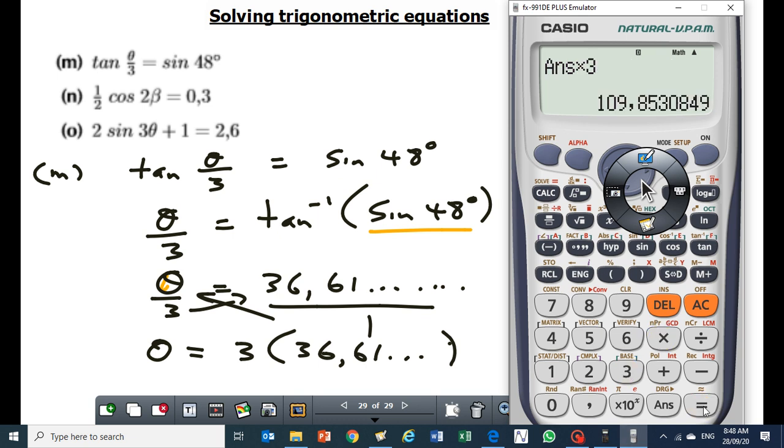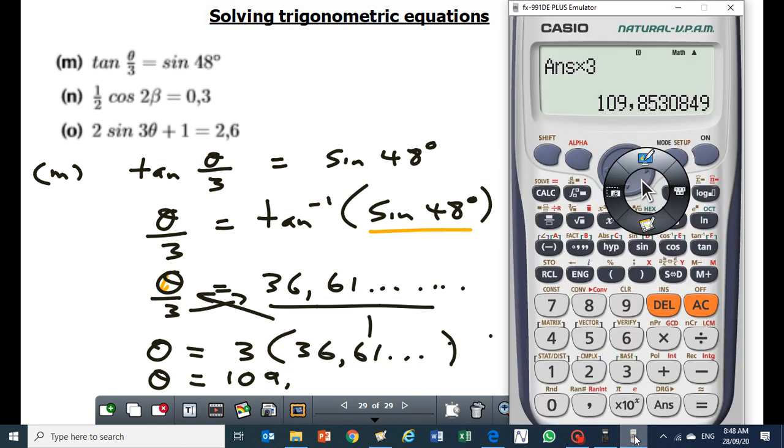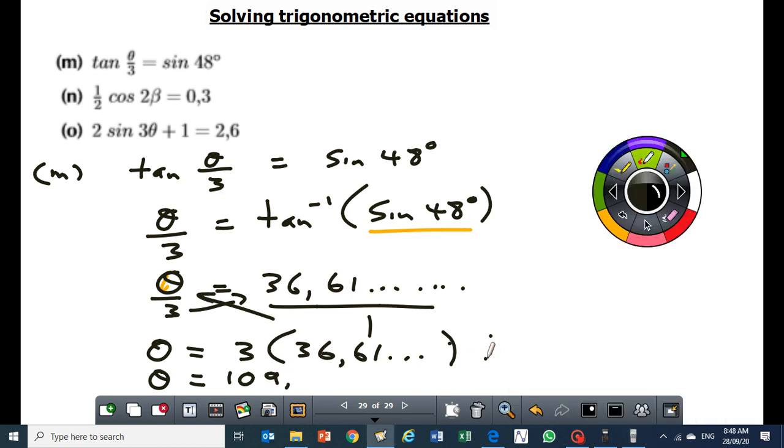And I'll get 109. Now, I'm going to round it off to 2 decimal places. So that will be 109,85 degrees. So my theta is going to be 109,85 degrees. That's my answer there.